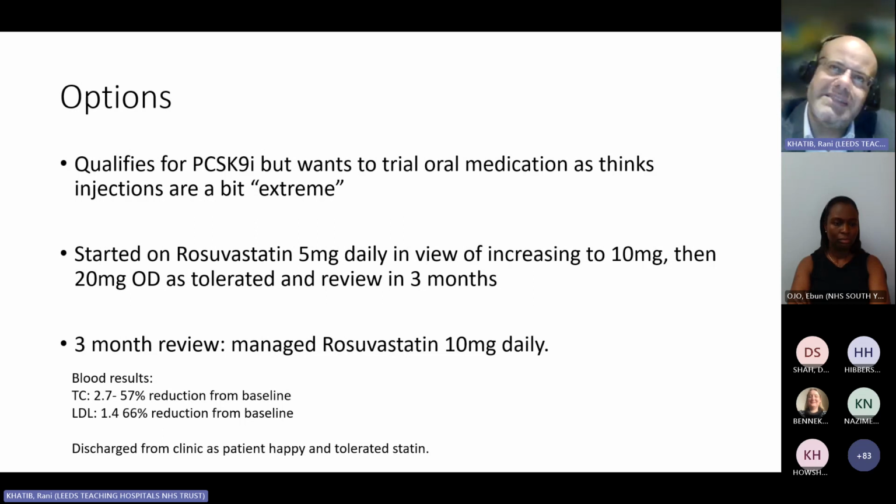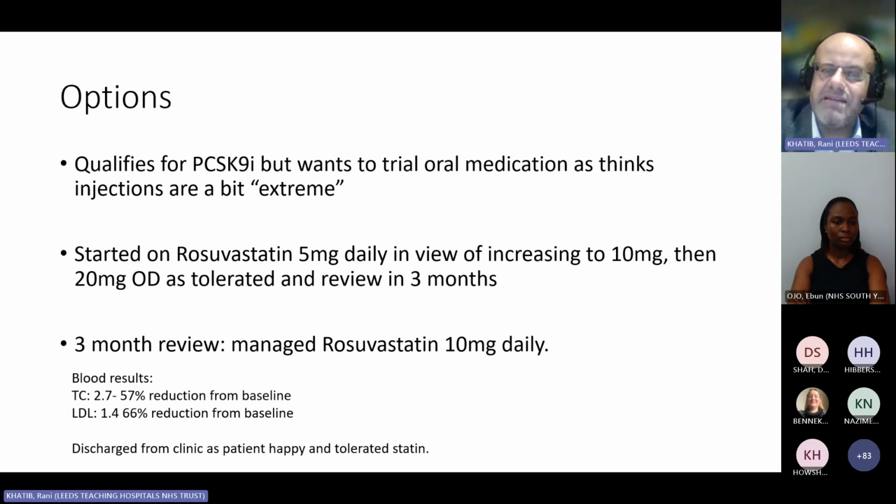When we say atorvastatin 80 is going to give you a 55% reduction of LDL cholesterol, that's an average, meaning some patients will get less, some patients will get more. That differs on the whole lipid pathway in the individual: how people metabolize their lipids, what kind of recycling they have, what kind of cholesterol absorption they have, because everybody handles it slightly differently.